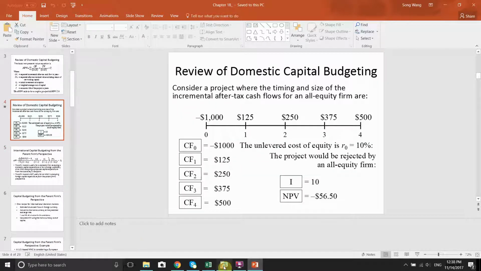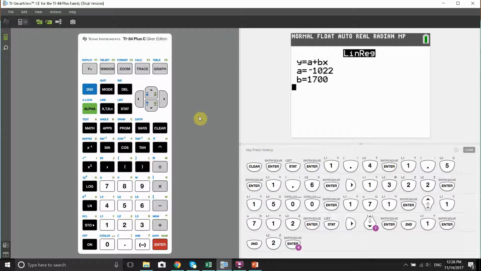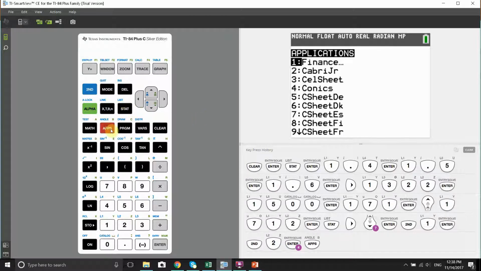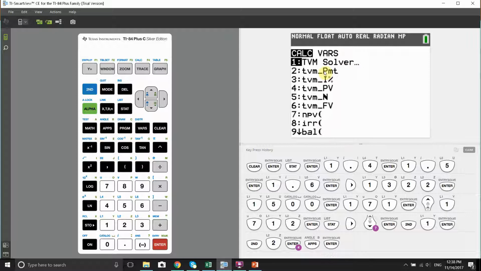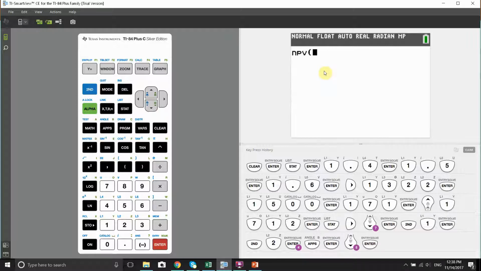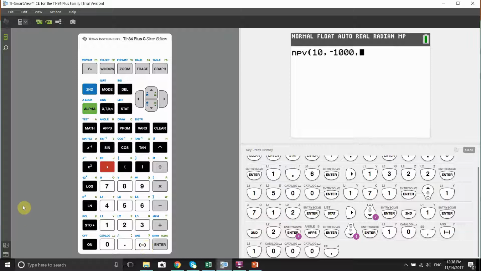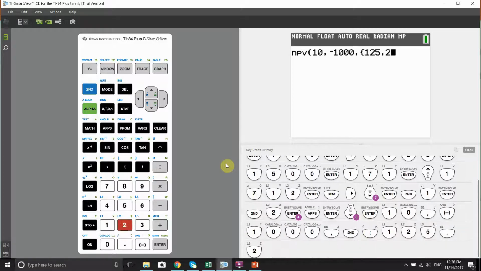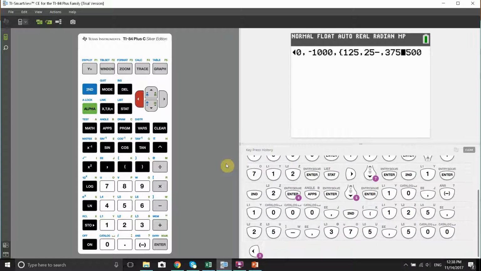Right here, if I want to demonstrate the same old calculator technique, you go to apps and then finance, which is number 1, and then go down to NPV. You put 10 for 10% and negative 1,000 for cash flow 0. Then I put the cash flows in the future: 125, 250, 375, and 500.